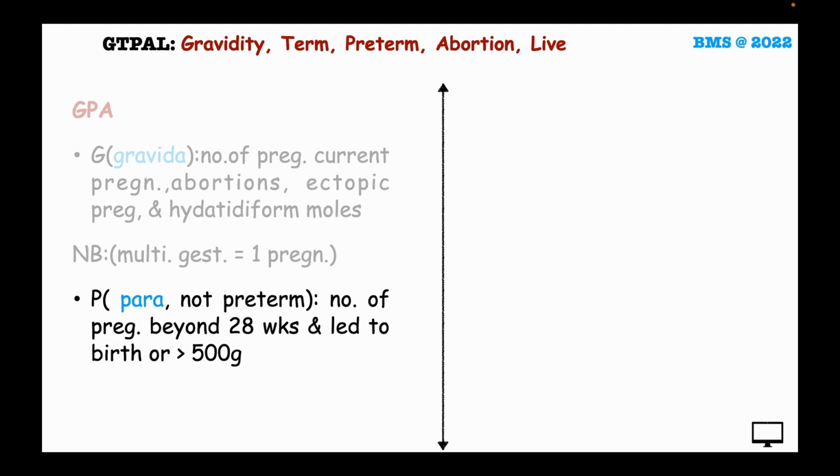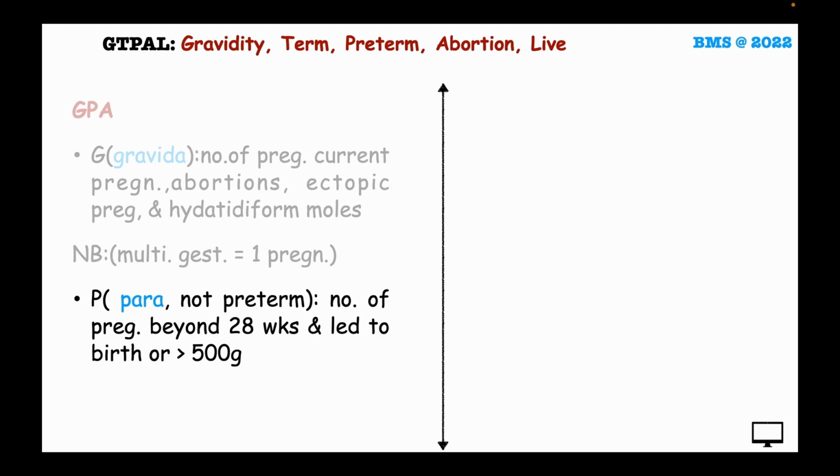However, in the developed countries, birth before 28 weeks of gestation will be considered as preterm or even pre-viable. And if the birth weight is less than 500 grams, then we will still consider it as a para for that woman.